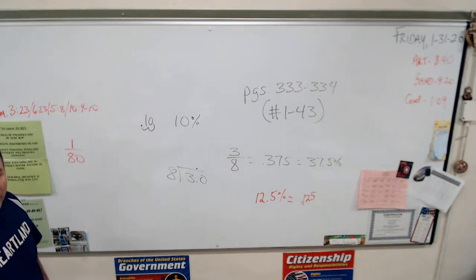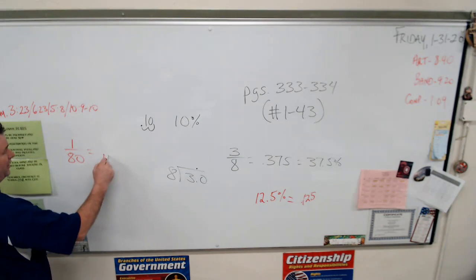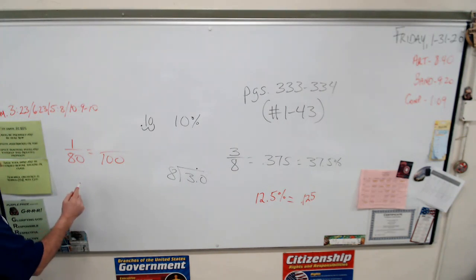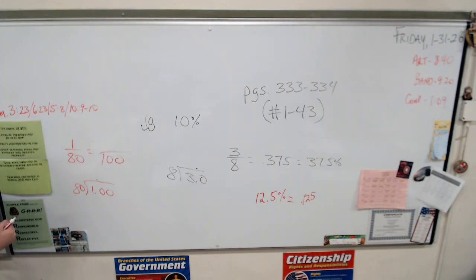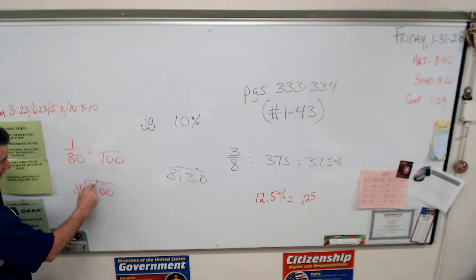So in order to find out what percent is, you can always set the fraction equal to 100 and then figure out what would be on top. But the other way is to treat it like division, and then whatever you get for your decimal, to change it to a percent, you move it 2 places to the right. So this is number 16. 80 goes into 1, not at all.